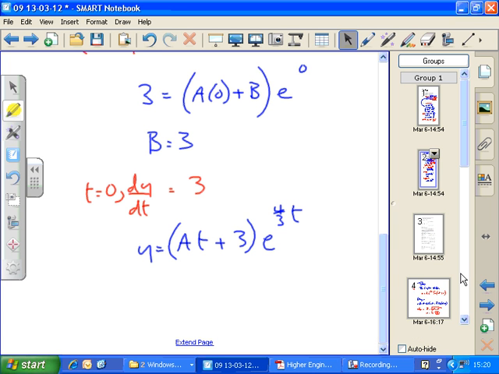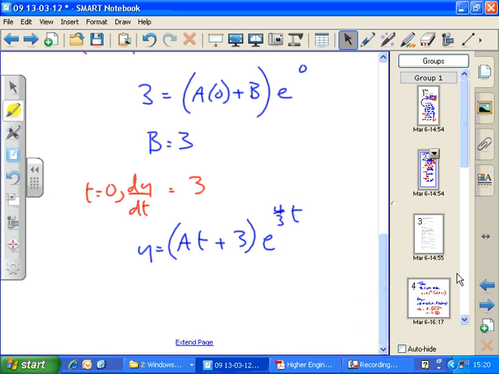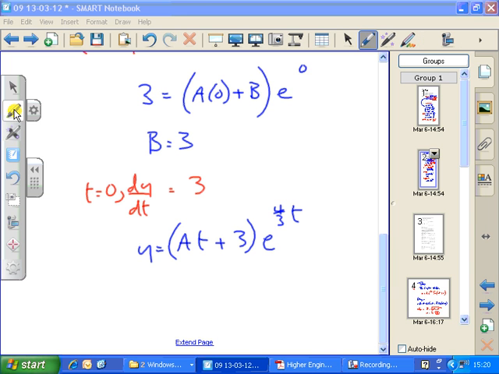But at this stage, and it always works for examples like this, the problem here is that we've got to differentiate something where t is occurring twice. Look, t is in the bracket and t is also in here. So I've got one function, at plus 3, multiplied by another function, e to the 4/3 t.